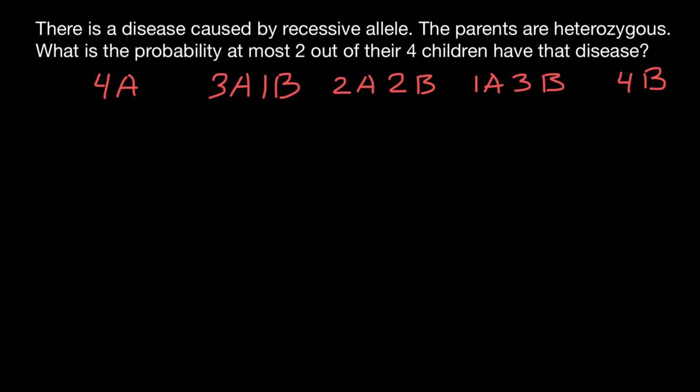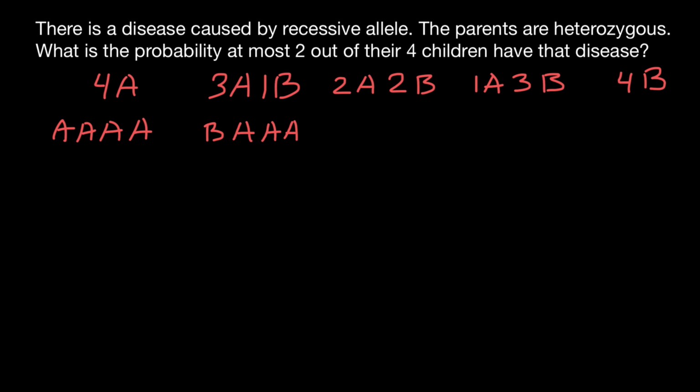And take a look. For example, when we have 4 healthy children, there is only one such variant. For example, first child would be healthy, second, third, and fourth. And as for this variant, we will have many more variants. For example, the first child can be unhealthy and 3 would be healthy.